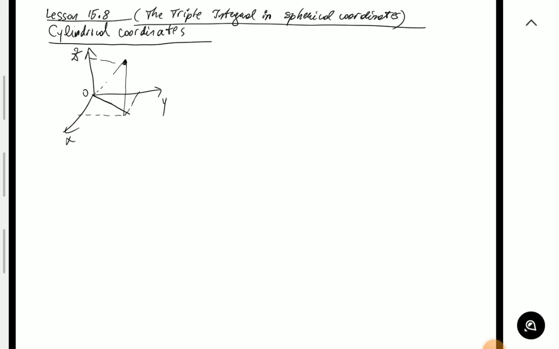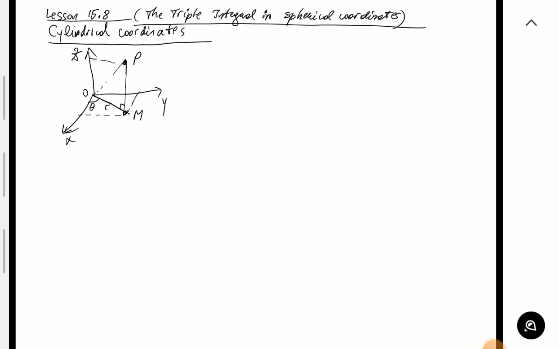So let's say this is the point P, and project P over the xy plane, let's denote the projection by M, right? So that's 90 degrees here. The length of the projection, let's call it r, and the angle between the positive x semi-axis and OM, let's call that theta.